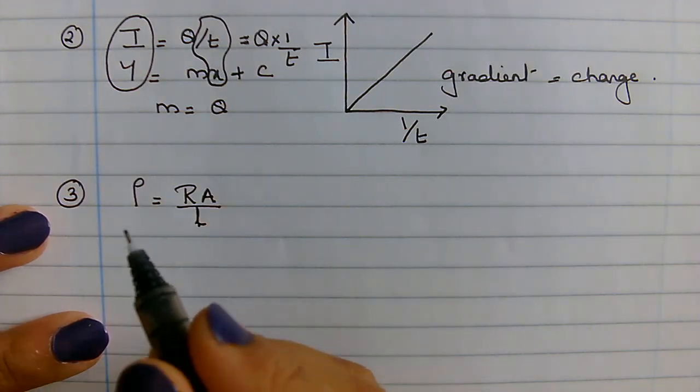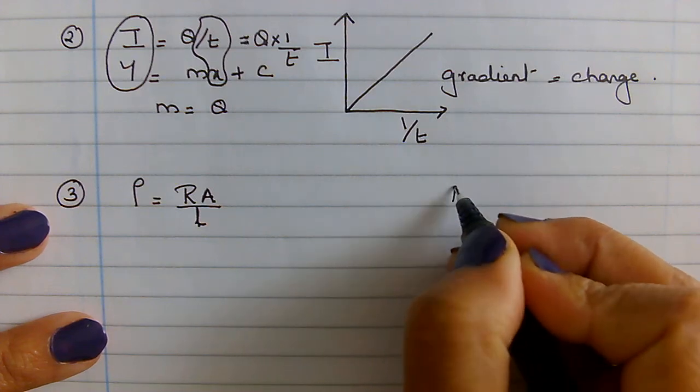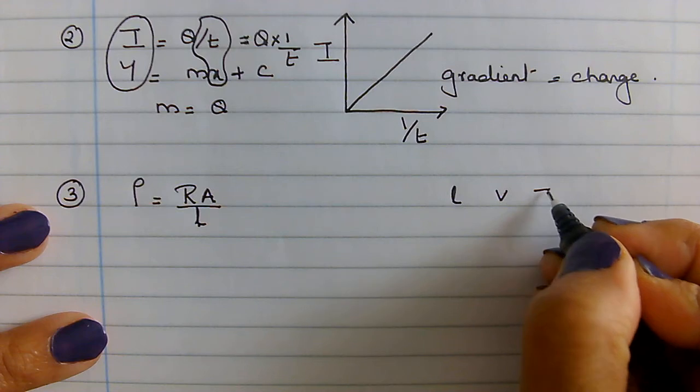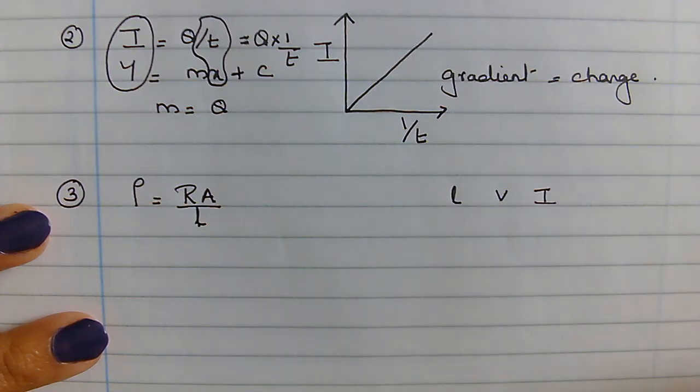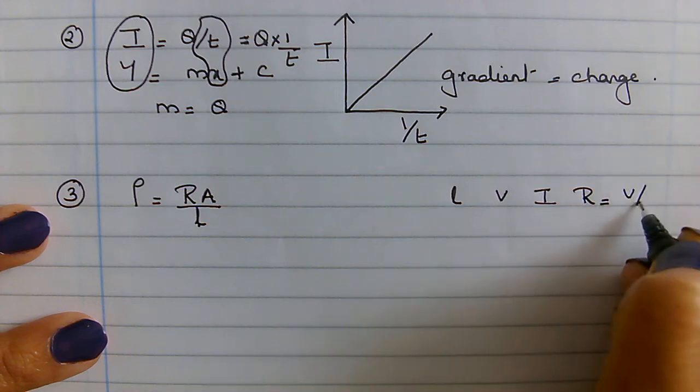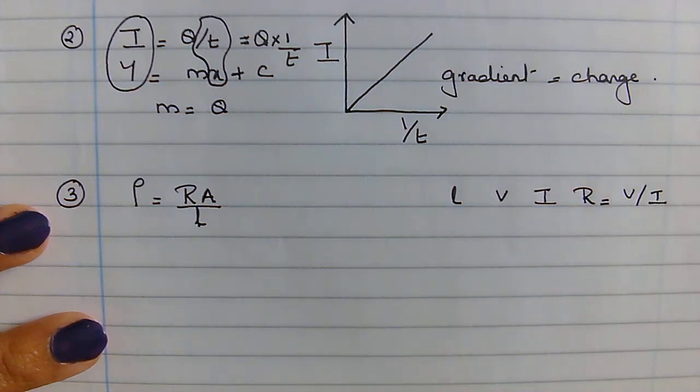So what I'm going to do here is, I'm going to take different lengths, and for each length the voltage and current across that conductor, and then for each length I'm going to find out the resistance.